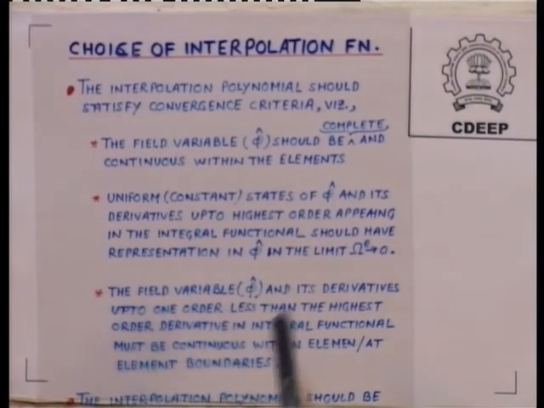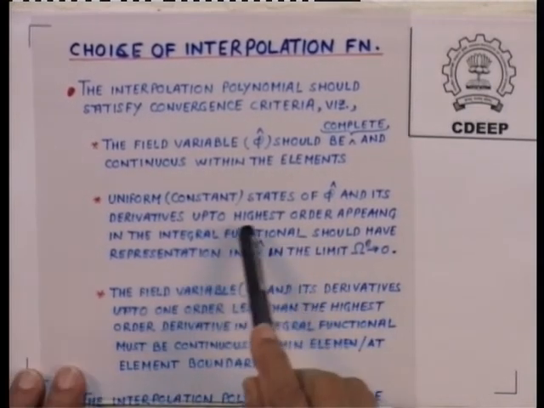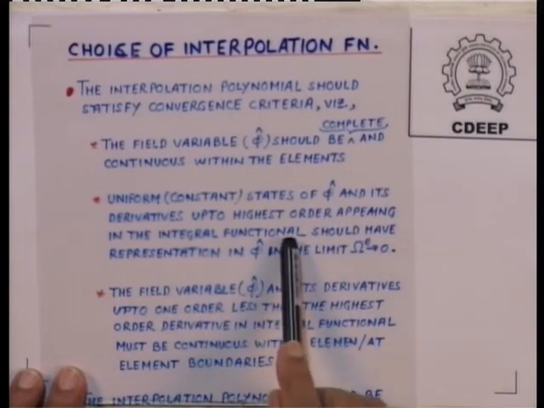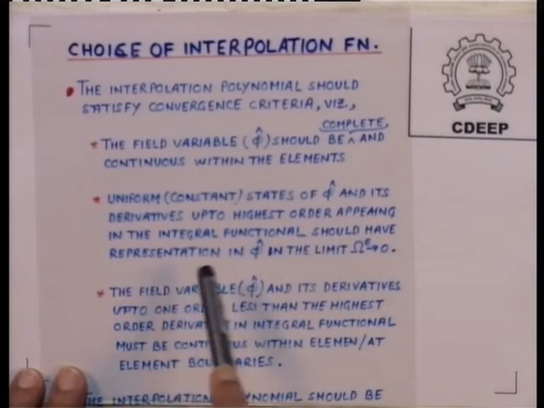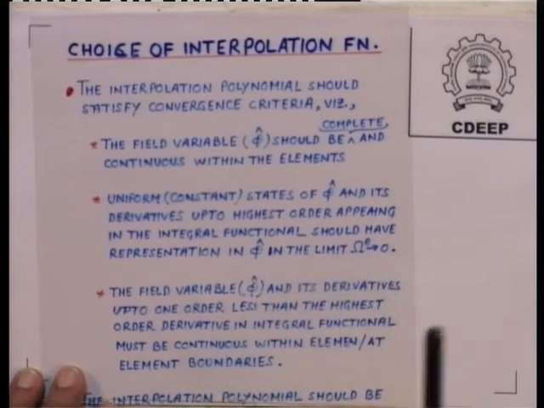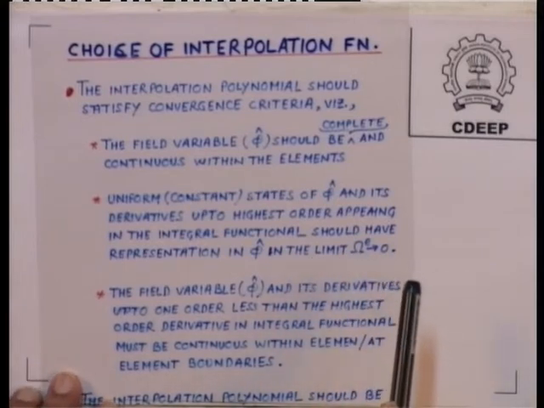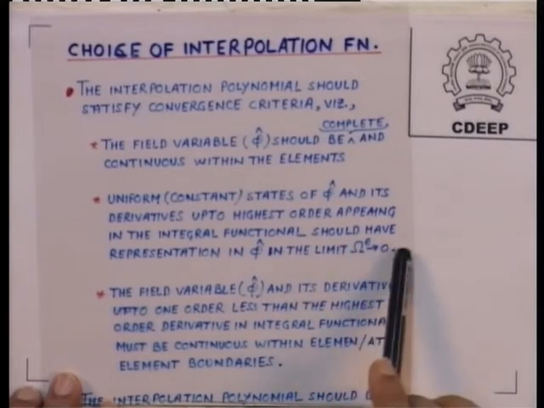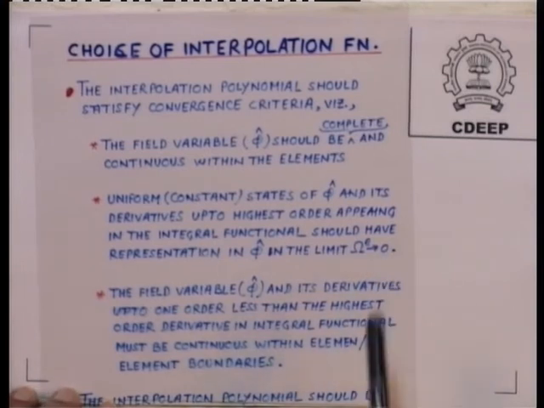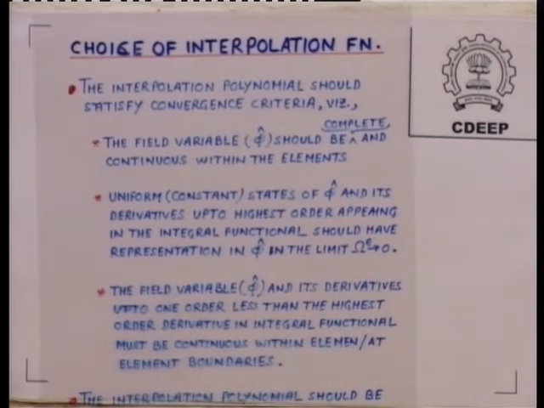So, constant uniform state must be there, and then the next one says that the derivatives up to the highest order appearing in the integral function should have representation in phi as delta or as the area or volume of the element tends to 0. I have been telling that in the limit you must get constant states of strain.